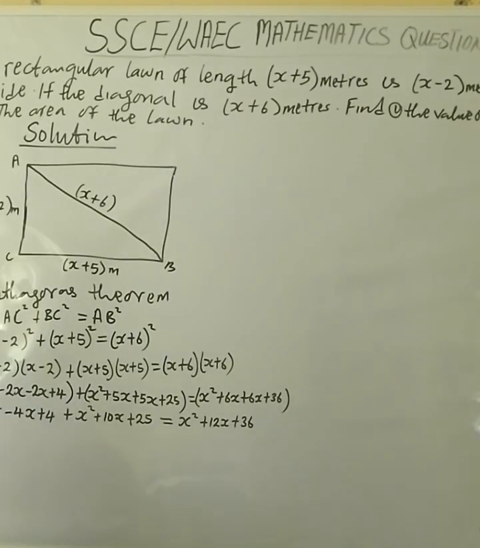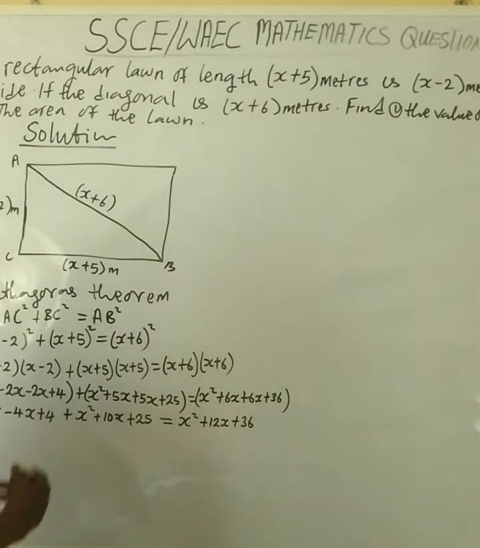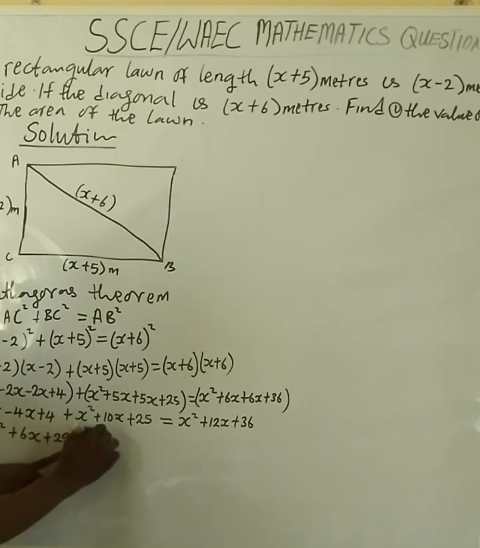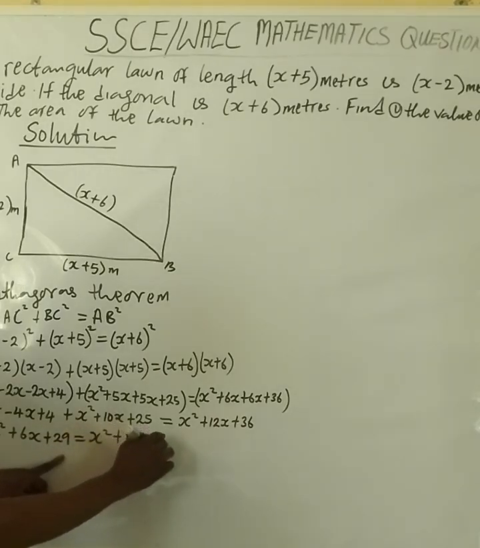Are we together now? So we now collect the like terms. We have x squared plus x squared, which gives us 2x squared. Minus 4x plus 10x gives us plus 6x. Then 4 plus 25 is 29. Equals x squared plus 12x plus 36.